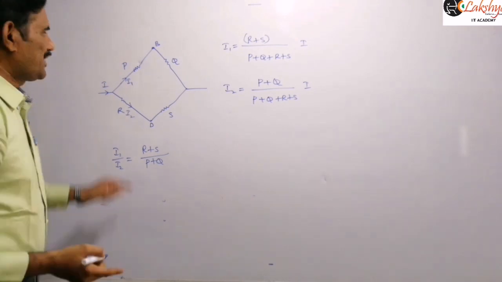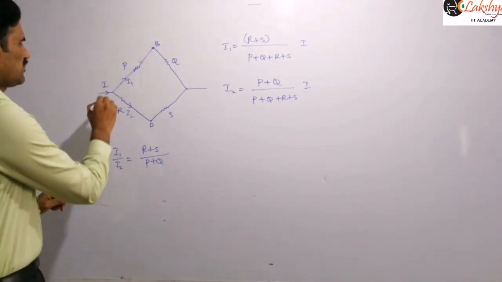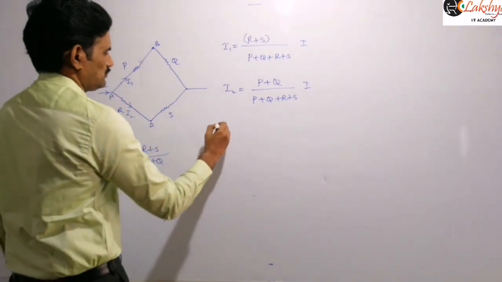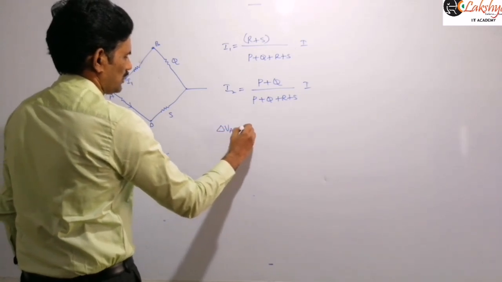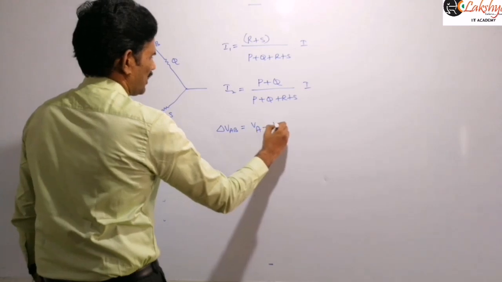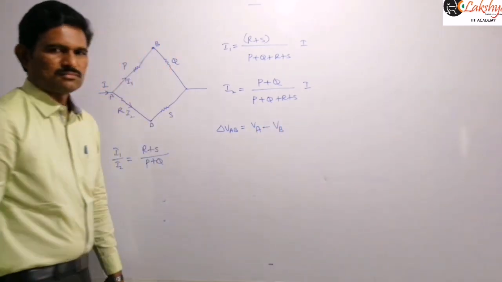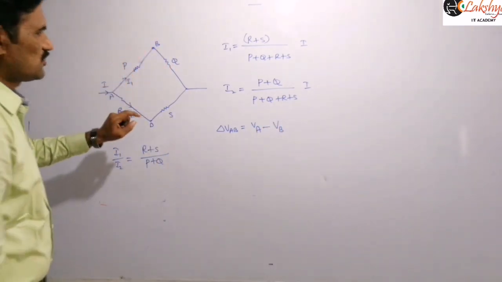Now let us identify the potential difference between A and B. So delta VAB, or I can write VA minus VB, higher minus lower potential we need to write.